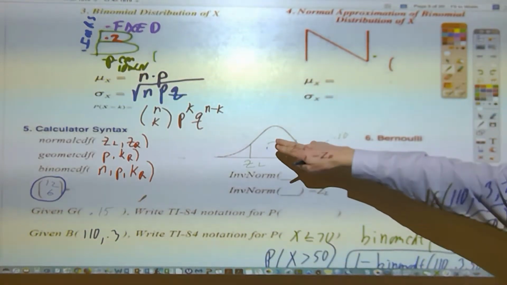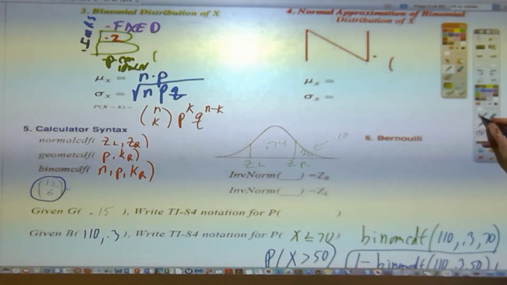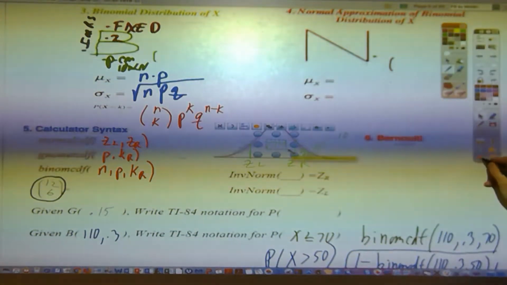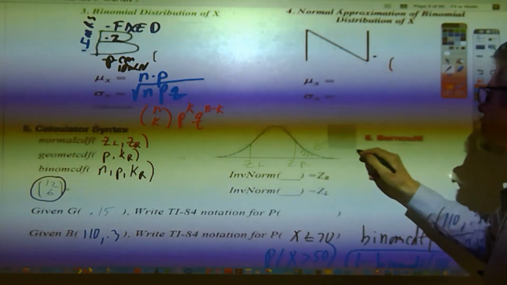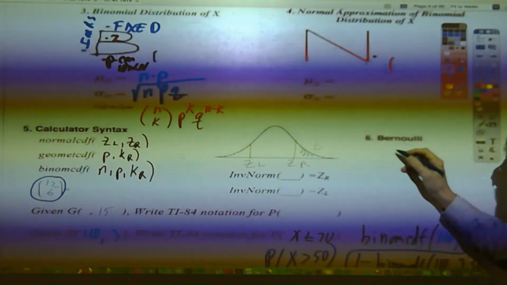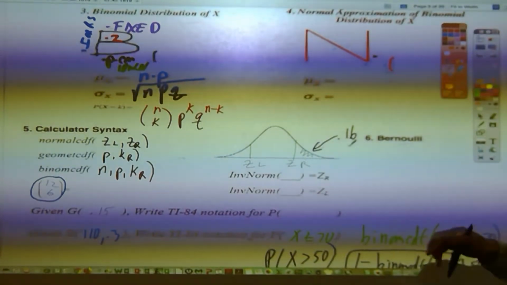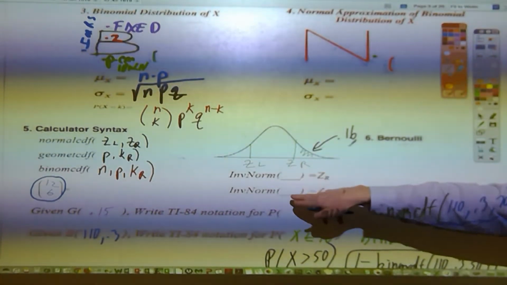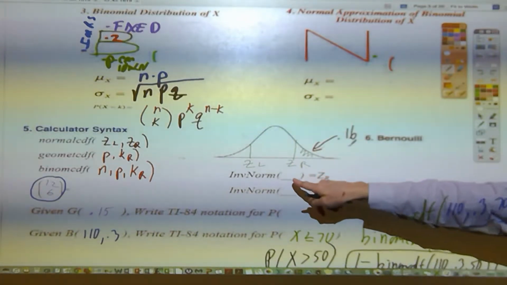What numbers do you have filled in on this? What numbers are in the middle? 0.57. Okay, so you got a 0.57. And you have shaded on the right? Yeah. Okay, what is the number shaded on the right? 0.16. Okay, so you got a 0.16 shaded on the right. So if you wanted to find this number, you would take inverse normal of what number?